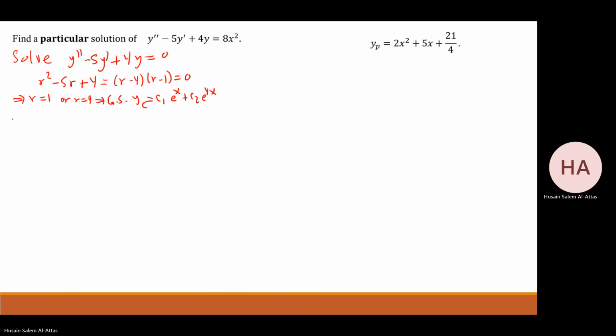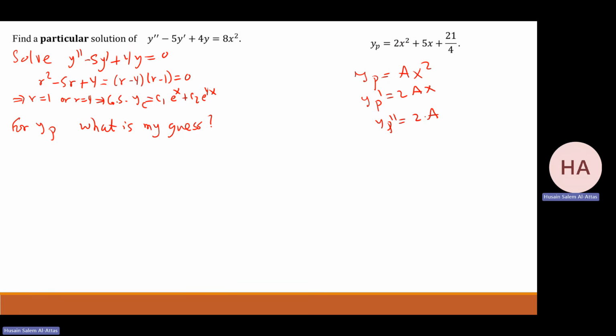Now, for yp, what is my guess? Let me try yp equal Ax squared. Will that do it? Let me check. yp prime will be 2Ax. yp double prime equals 2A. Plug it into the equation. I have 2A minus 10Ax plus 4Ax squared equal 8x squared.